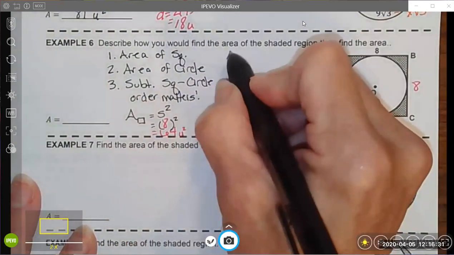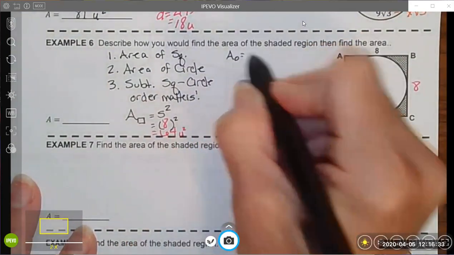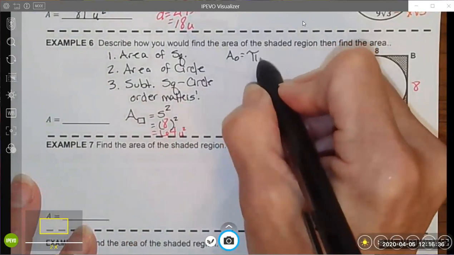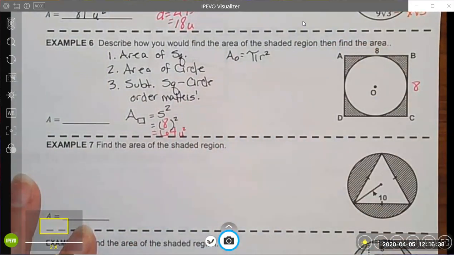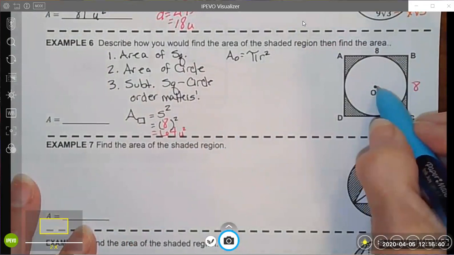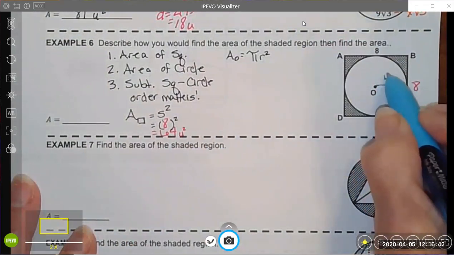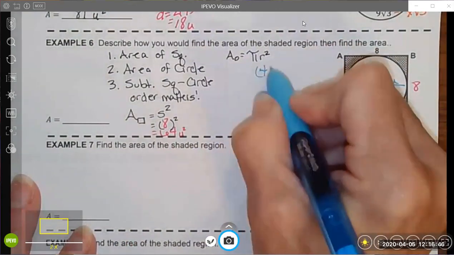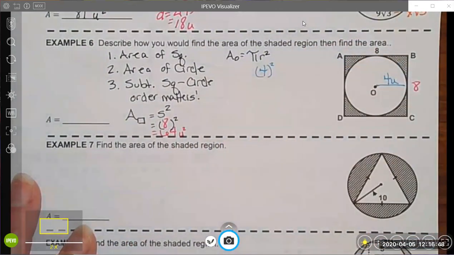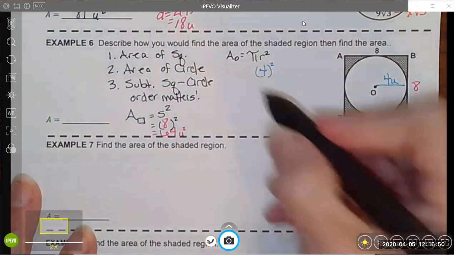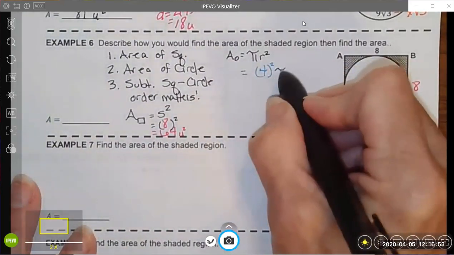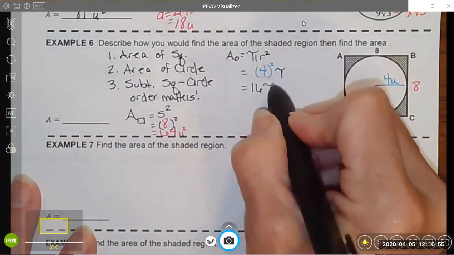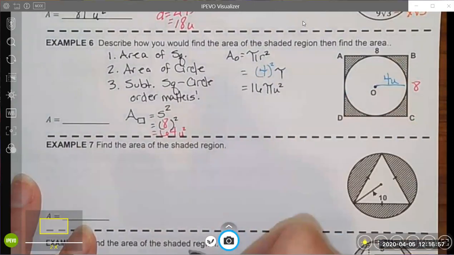To find the area of my circle, I'm going to use pi times the radius squared. My radius is half my diameter, so this distance is going to be 4 units. I will substitute that in here, and I learn that the area of my circle is 16 pi units squared.